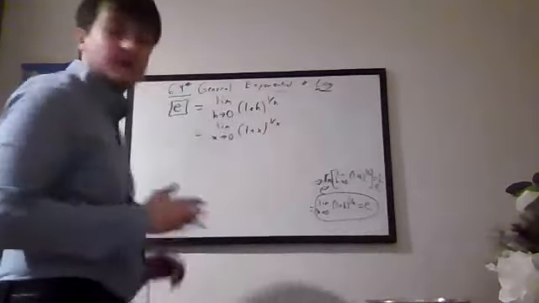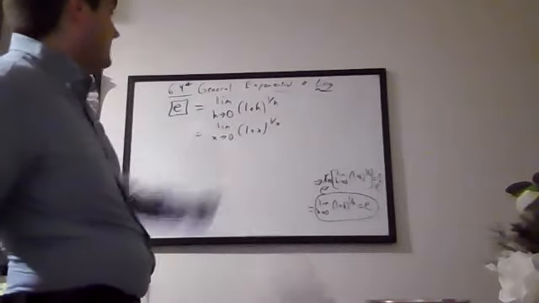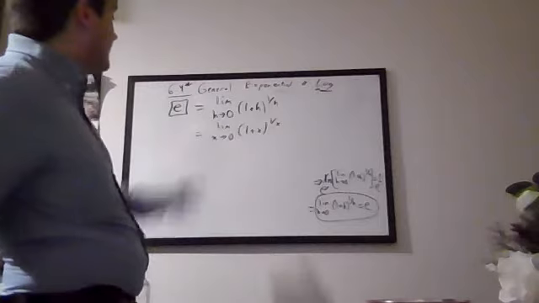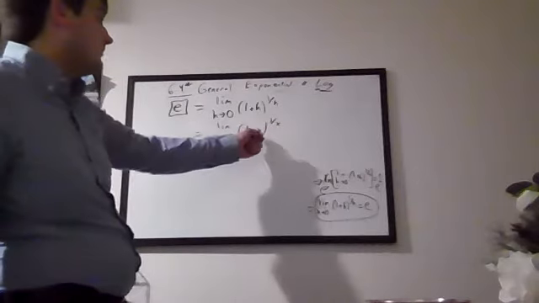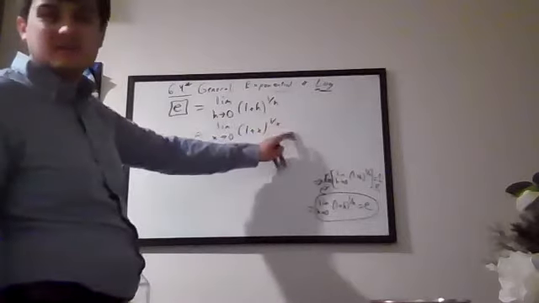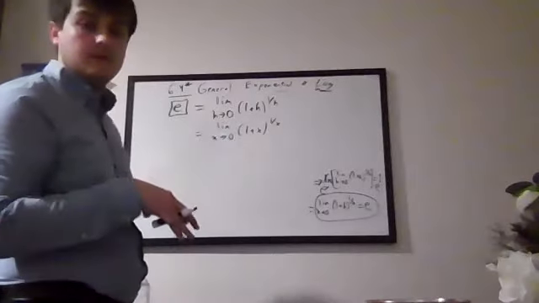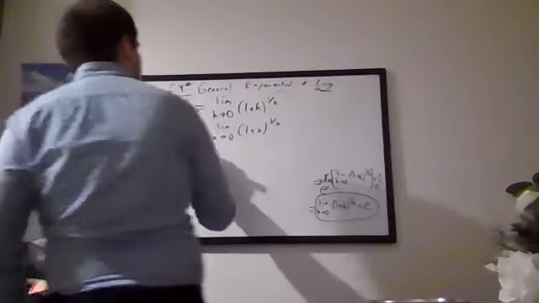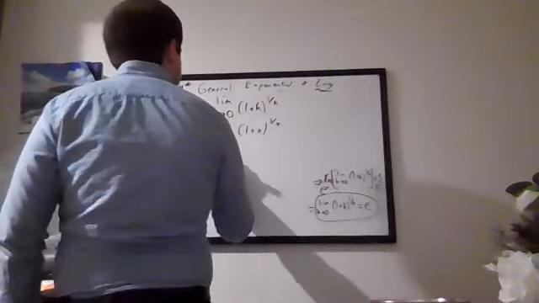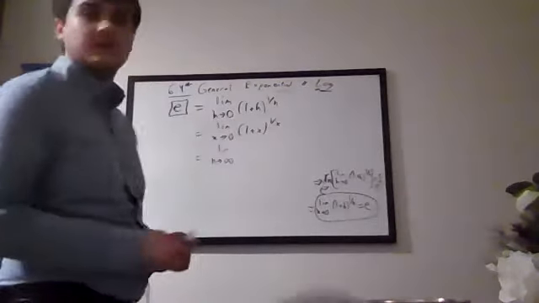Same thing, doesn't change. Another possible option, instead of having 1 plus x to the 1 over x, maybe I want that exponent to be a little nicer. So I'm going to replace all these x's with 1 over n, which in turn changes my limit to n approaches infinity. Again, feel free to talk to me about this.